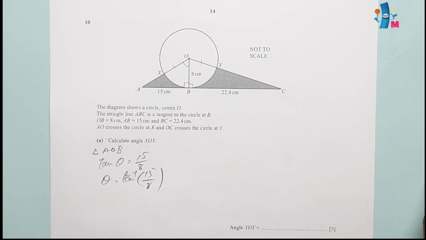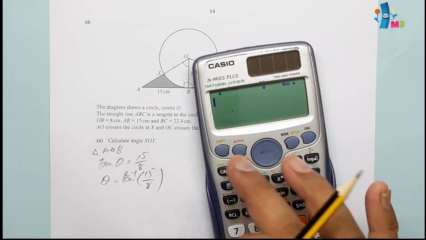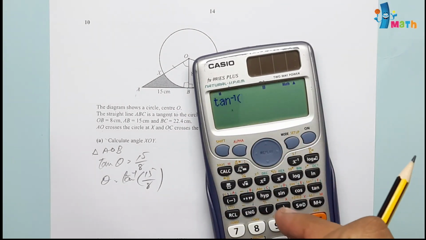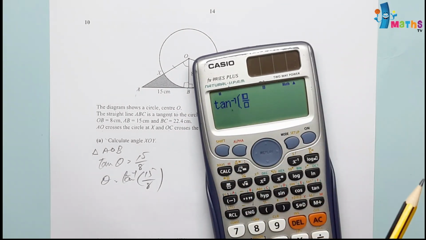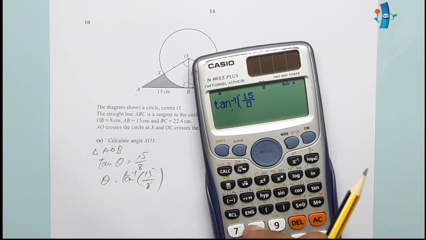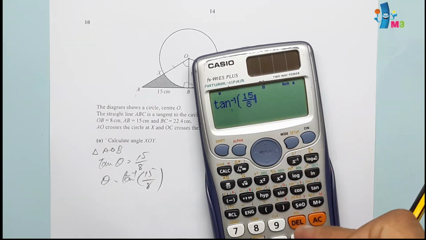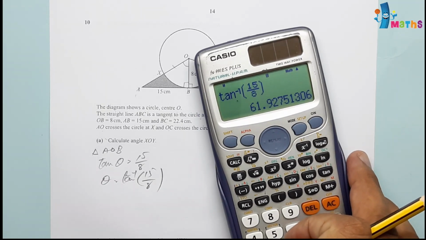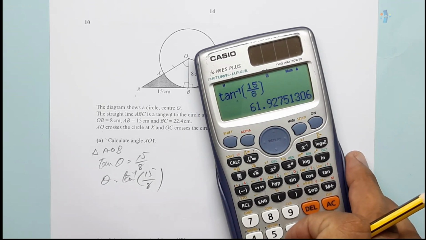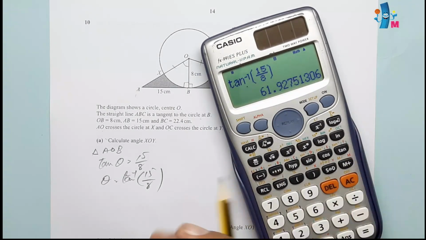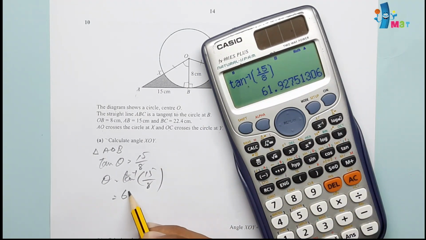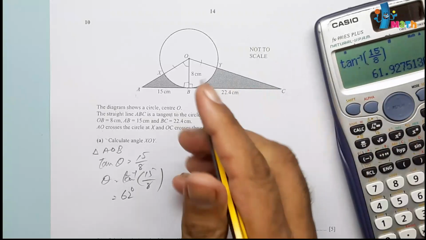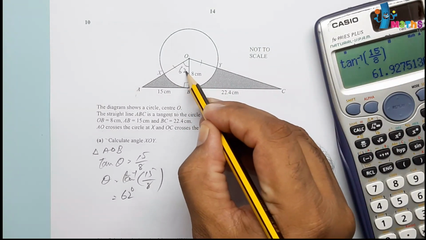So we can use a calculator to find the inverse tan of 15 over 8. So this will be equal to 61.92. So we can write this as 62 degrees. So this angle is 62 degrees.